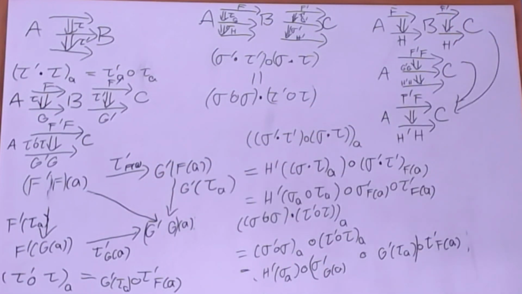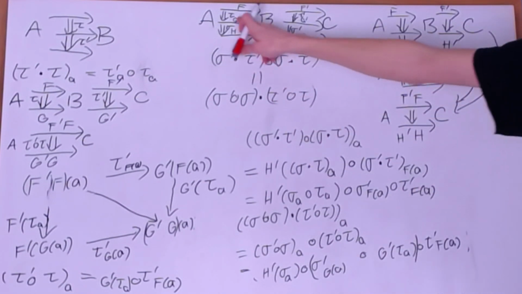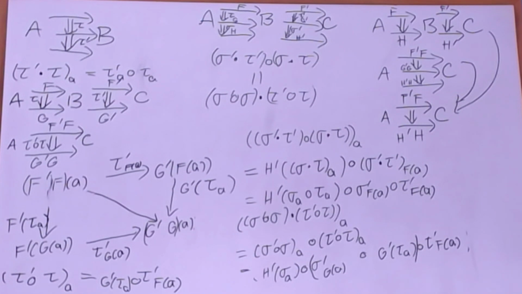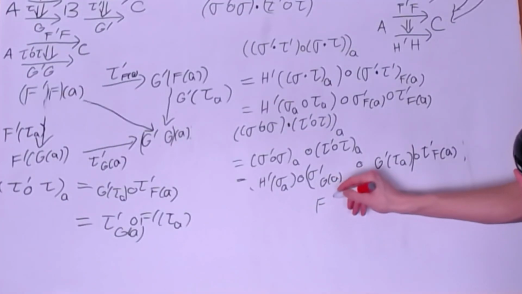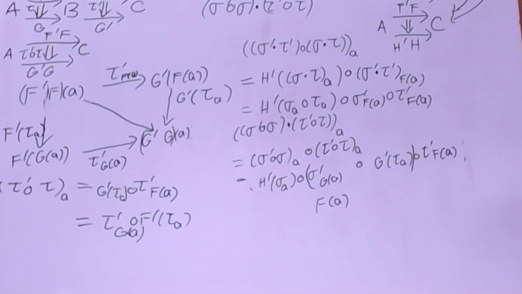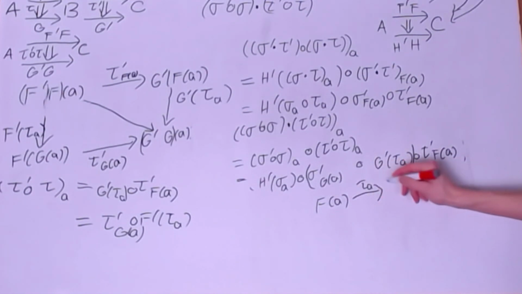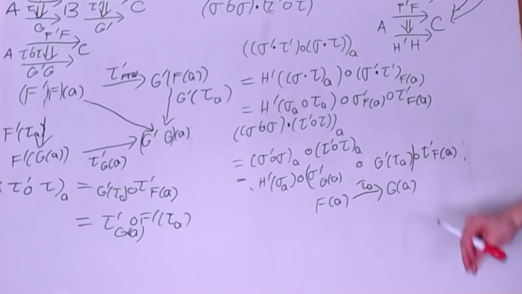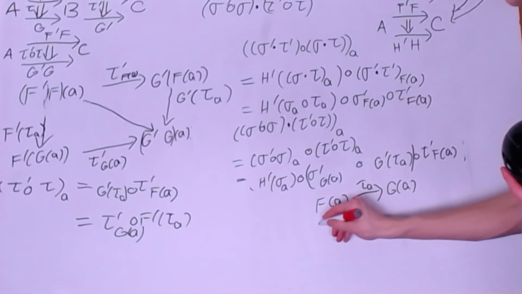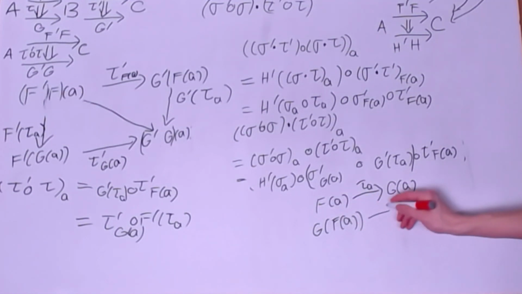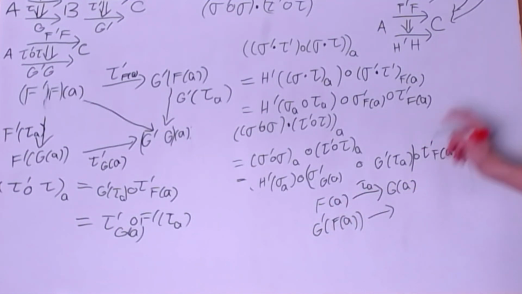Using these ideas, I can go from tau to sigma, and then I can go from sigma to sigma prime. So, at a point, what point do I want it to be at? Well, probably A, because it makes sense right there, tau A. And I can go across with tau A to G of A. And then, if I apply G to both sides, I can get G of F of A. And then, it should be G prime.